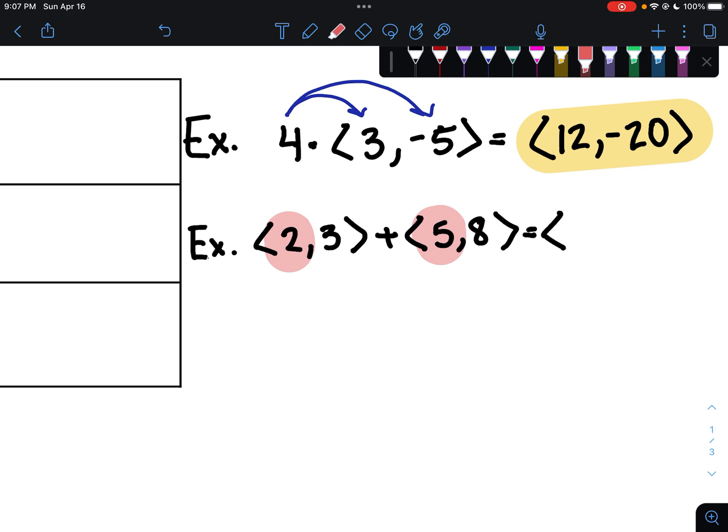So 2 plus 5 is 7. Then I'm going to add the second two terms together, which is 3 plus 8. 3 plus 8 is 11. And that would be my new vector right there.